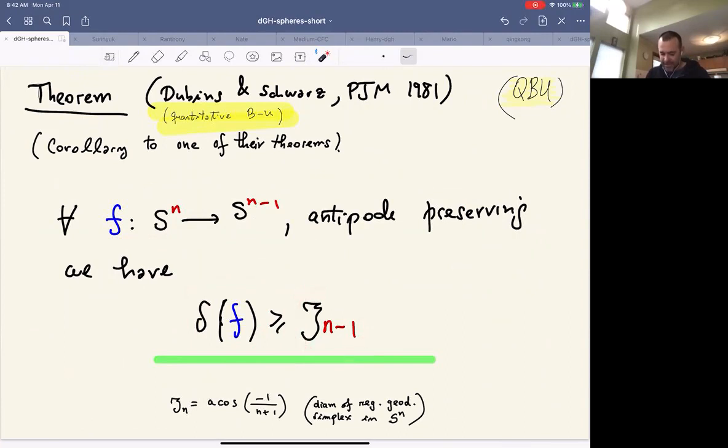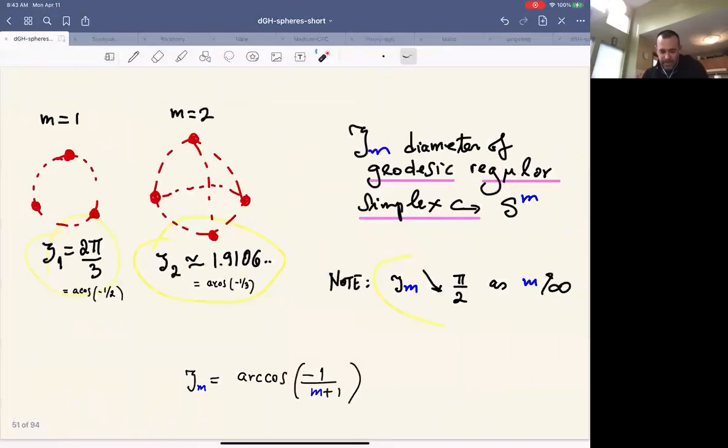But here's the formula. Zeta n is the arc cosine of -1 over n+1. And this number is actually the diameter, in a geodesic sense, of the regular geodesic simplex inscribed in Sn. So for example, zeta 1 is 2 pi by 3, being the arc cosine of -1 over 2.